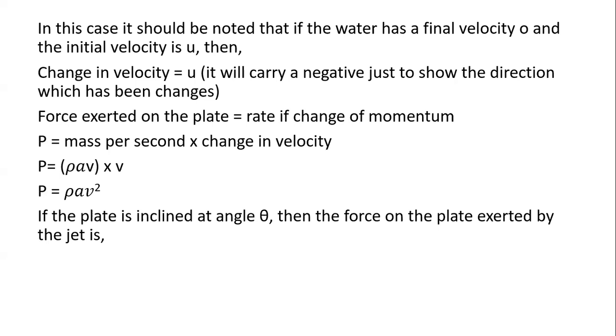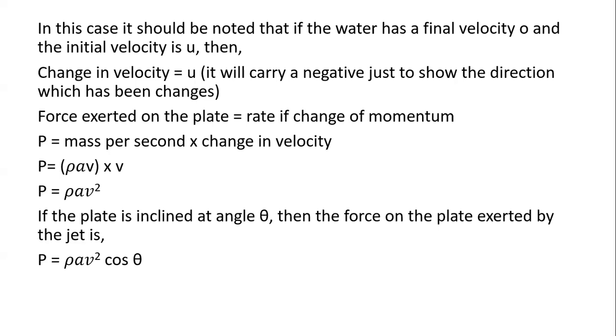Now, suppose the plate is inclined at angle theta, or perhaps the jet is striking the plate at an angle. That's what we're referring to here. Then if that is the case, we introduce cos theta. So P, being the force, is equal to density times area times velocity squared times cos theta.